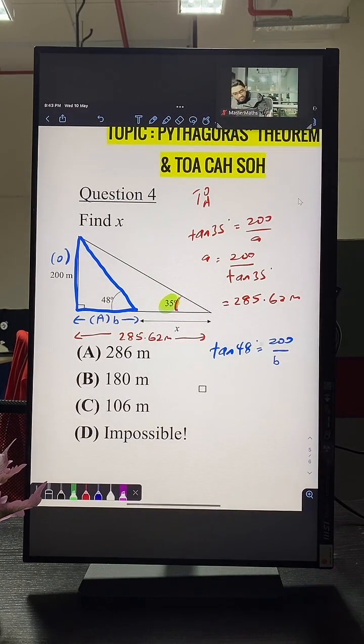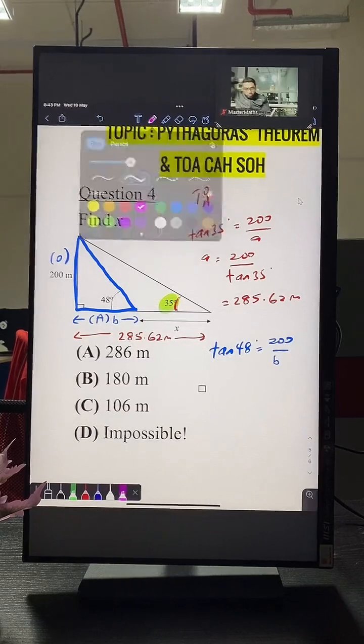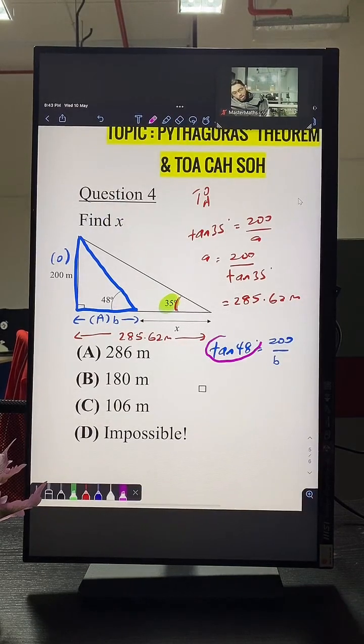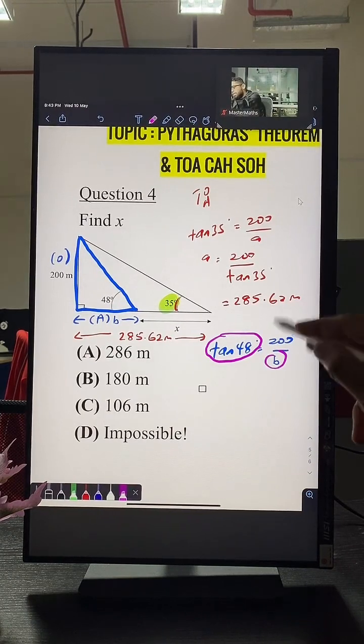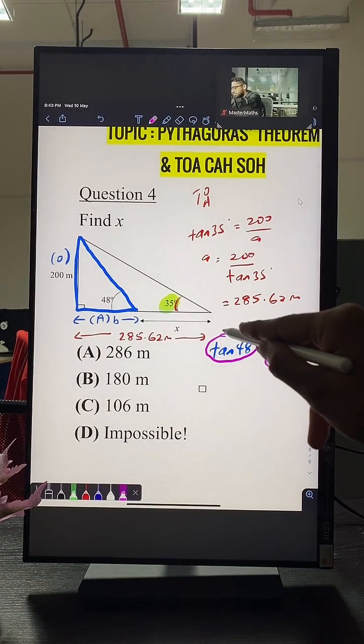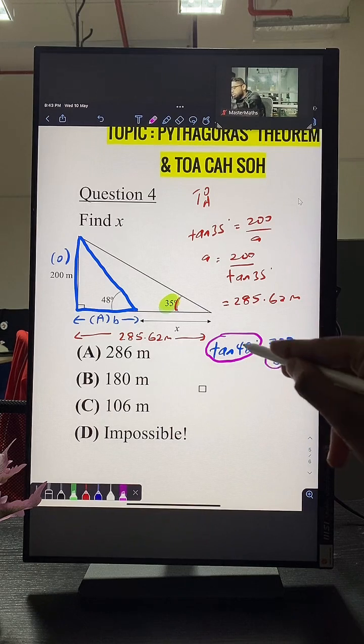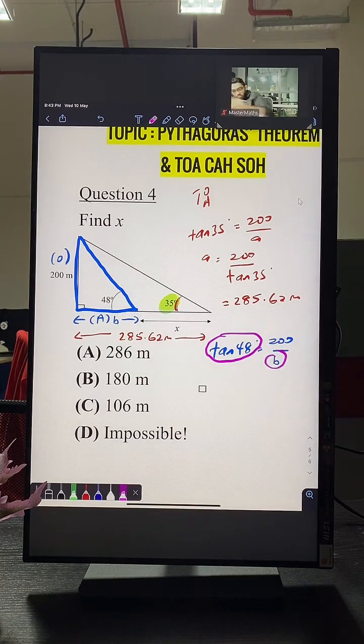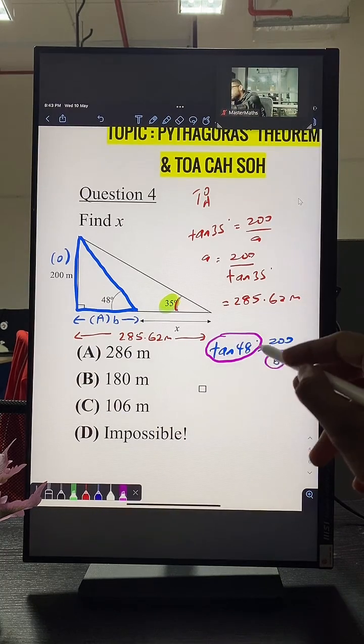Again, because there's an equal sign, guys, you can do cross multiplication. How to cross? This is one group, this is another group of items. You want to find B, B goes to the top. Tangent 48 goes to the bottom. So you swap the two positions. Hey, how come you anyhow swap things? Because there's an equal sign.